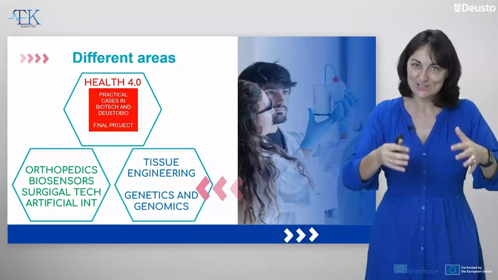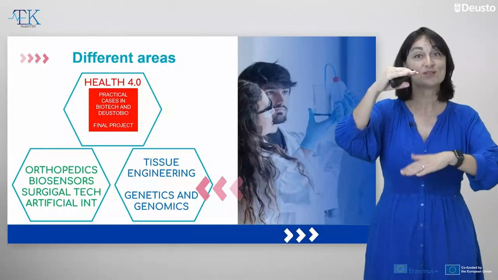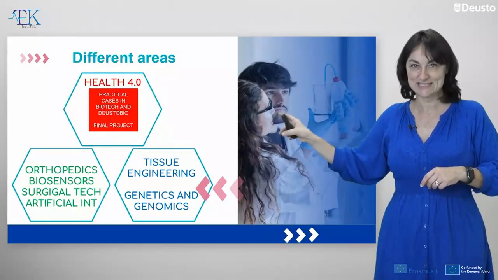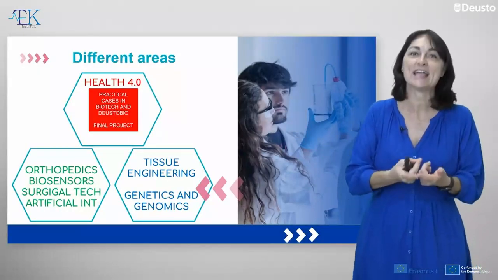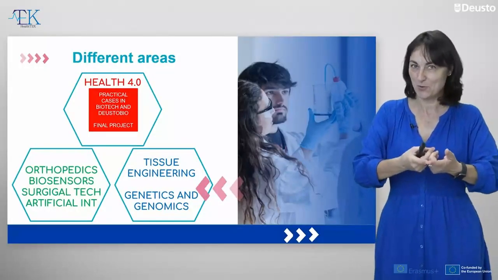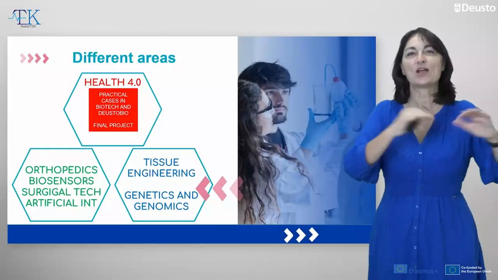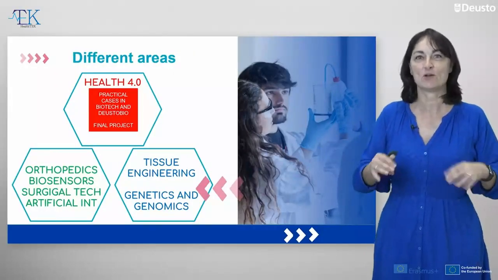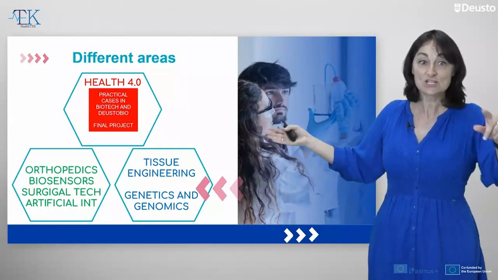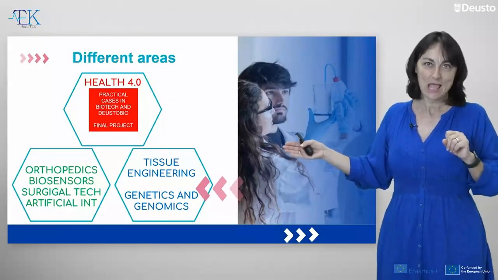So we will start the course with Unit 1, Health 4.0, and we will also finish the course with Health 4.0. Why? Because in red, you can see that you are going to design a final project using this Health 4.0 approach. After this first unit, we will cover different units, such as orthopedics in green, biosensors, surgical technology, and of course, artificial intelligence.